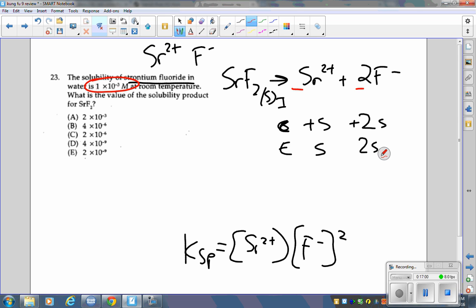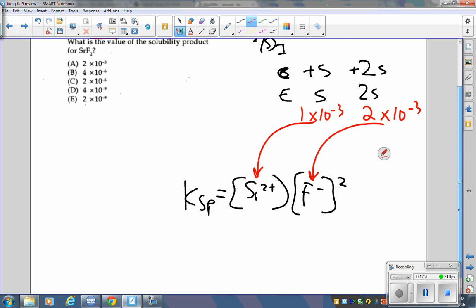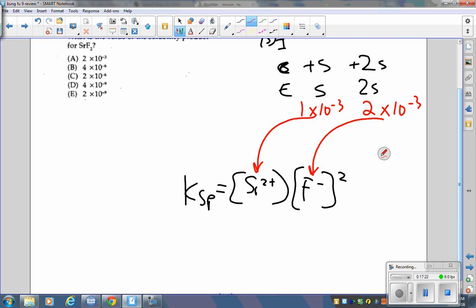What do I have to do to get my fluorine? I have to double it. So that double would be 2 times 10 to the negative third. So I do my E-line work, then I drop into my expression. Bam and bam. So when I drop into my expression, I'm going to get 1, not 1.0, times 10 to the negative third times 2 times 10 to the negative third squared.